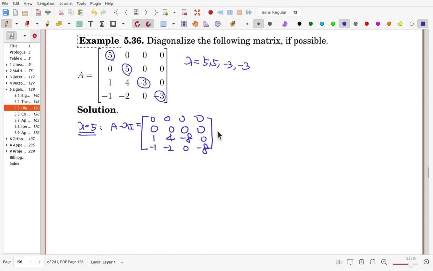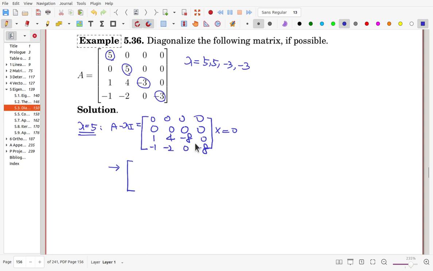Now we have to solve the homogeneous system. Again, we use the same technique, elementary row operations for the augmented matrix, but because of the 0 column we ignore the augmented part, and for the matrix we apply elementary row operations.